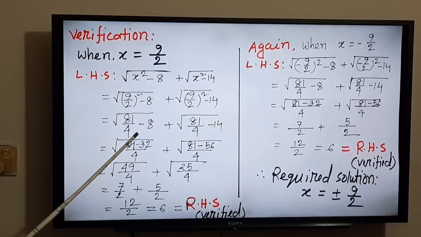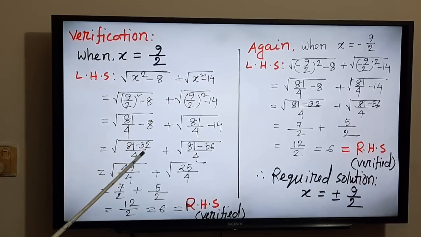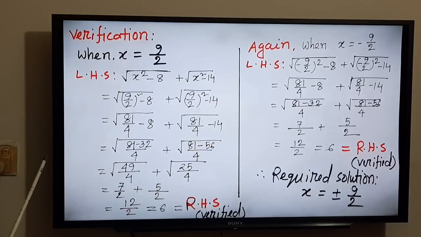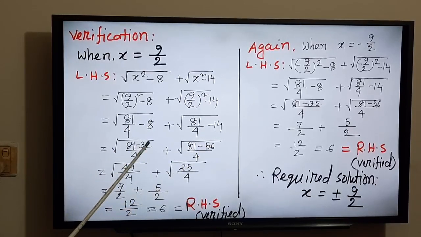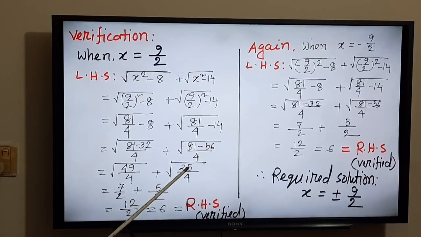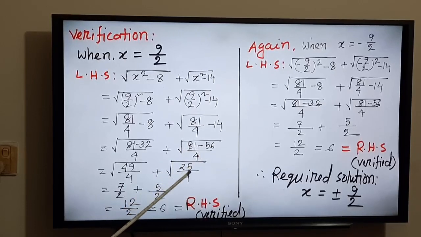Taking LCM in the denominator, 4 and 1 is equal to 4. So 81 minus 32 is equal to 49, and 81 minus 56 is equal to 25.